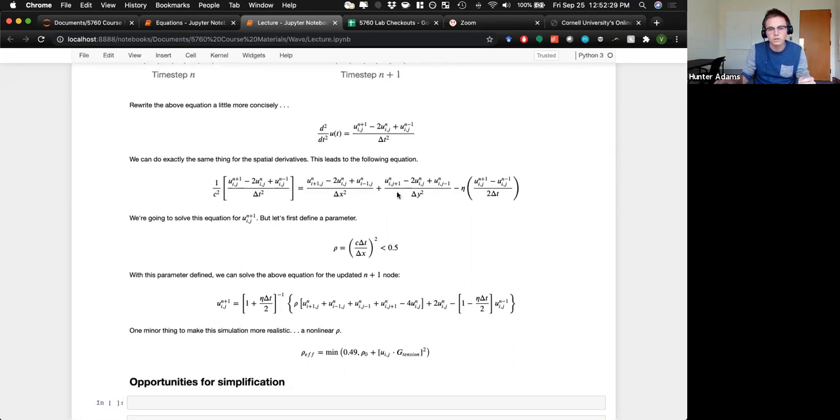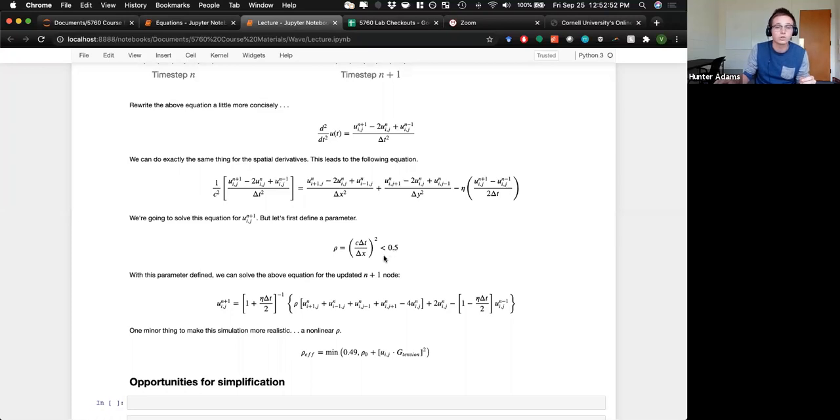We've taken this equation and, through much algebra, rearranged it in order to solve for the next time step at n plus 1, introducing a parameter which we've called rho. In the places where c delta t over delta x or delta y squared existed, we substituted in the parameter rho.